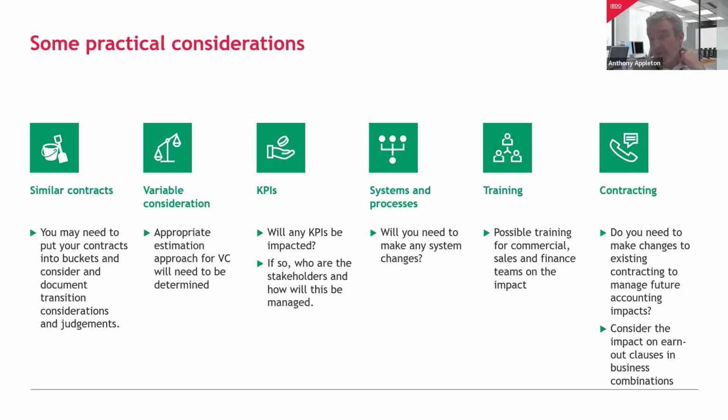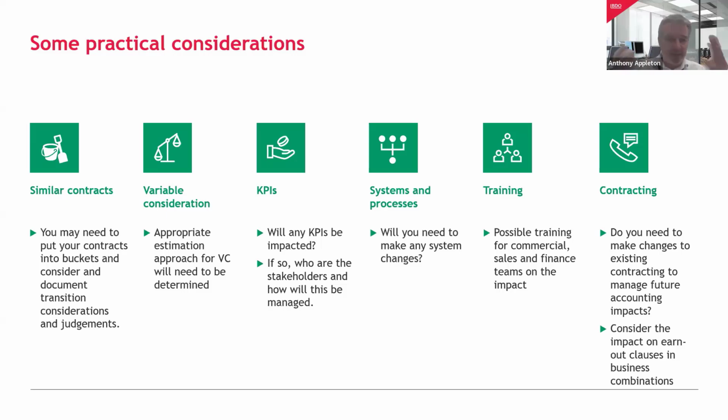What new systems and processes do you need to identify whether different contracts need combining, or how you'll start identifying separate performance obligations? Do you need to start training your finance team to operate this, but also your sales team and your operations team, so that they get an understanding of what the finance team are going to need and can start organising their part of the business in such a way that it gives you what you need?